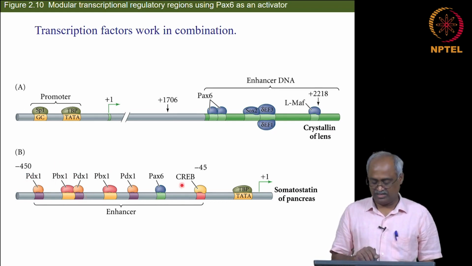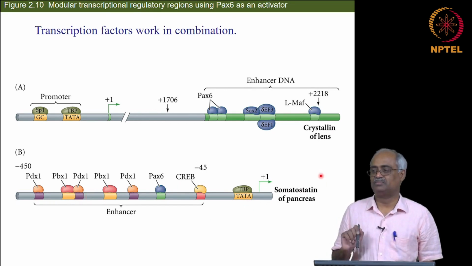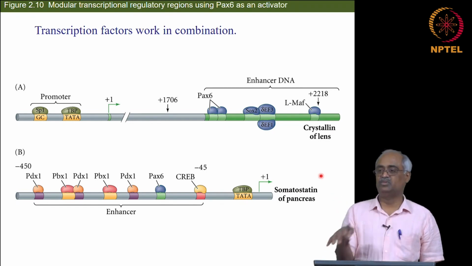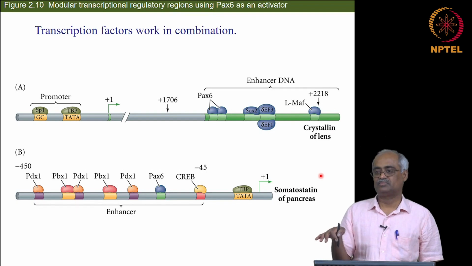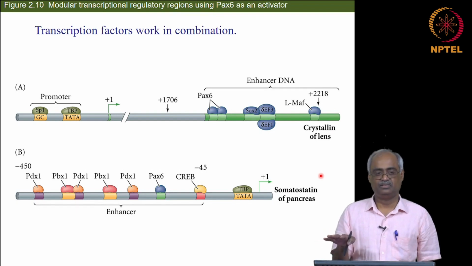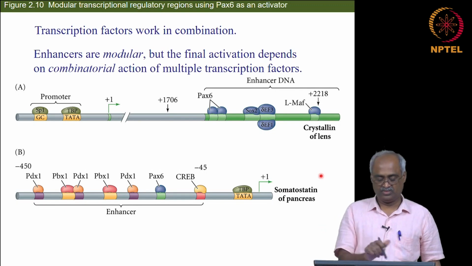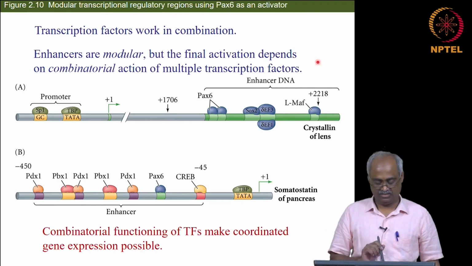Only when all 3 are there, this somatostatin transcription will happen. So enhancers have modules and transcription factors work in combination in each of those modules. Is this clear? So I will stop here. Yeah, so this is the summary of what I just said.